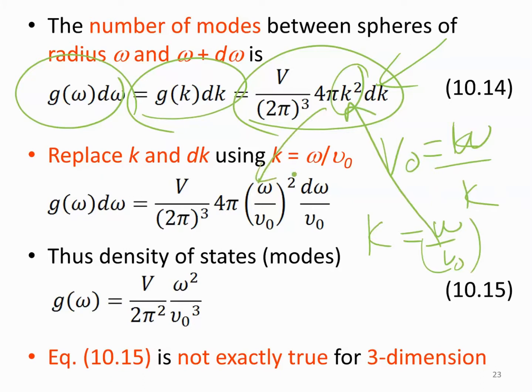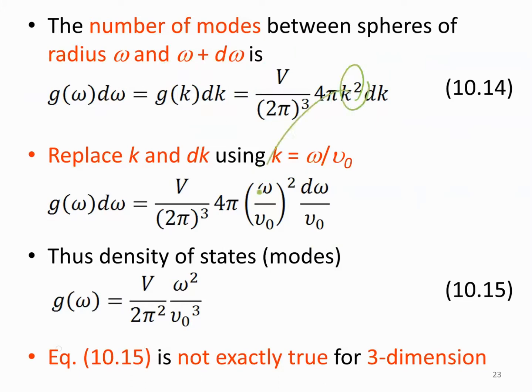Then I get this one. Then dk equals d omega over V naught. I simply substitute k with this one, and dk with this one. Why? Because V naught equals omega over k equals d omega over dk. Up to here, right?